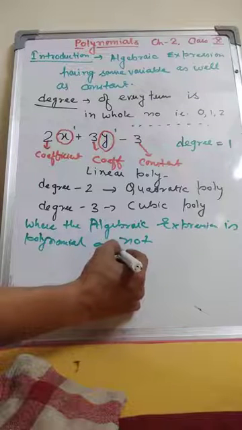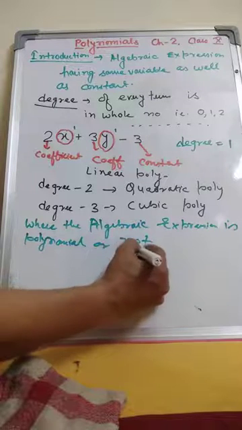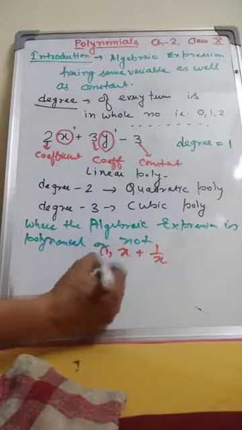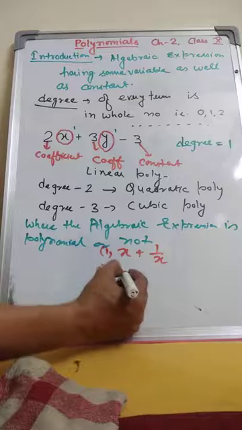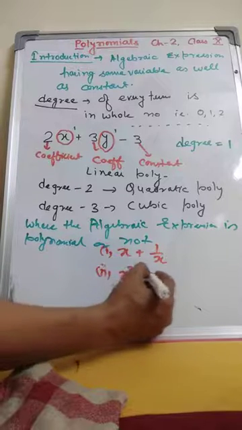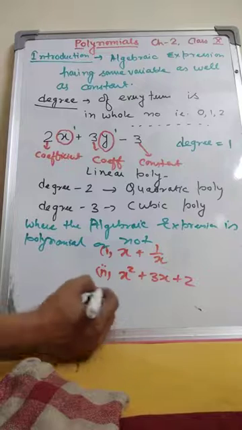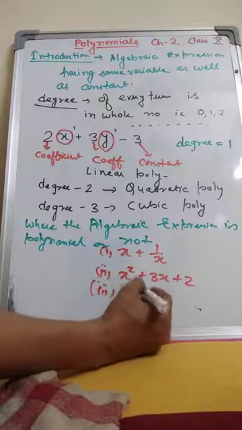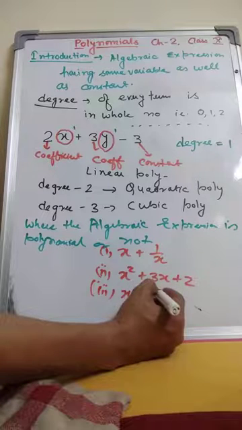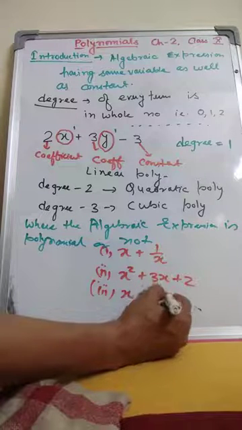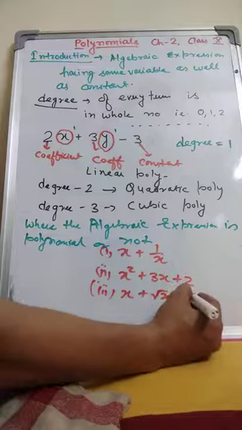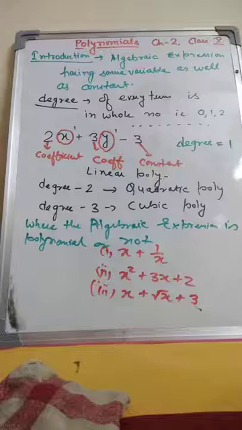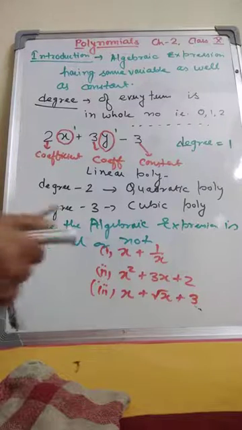Here is x plus 1 upon x first, second x square plus 3x plus 2, third x plus root x plus 3. Now the first is not a polynomial.